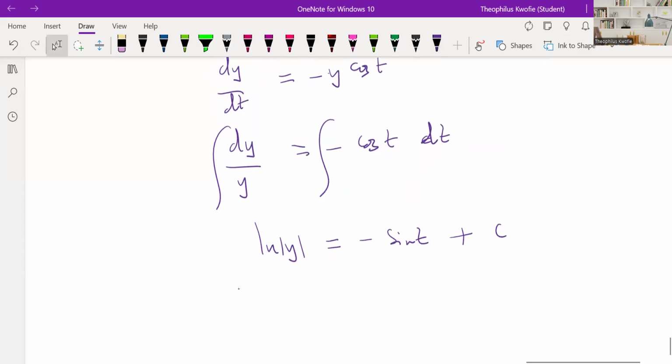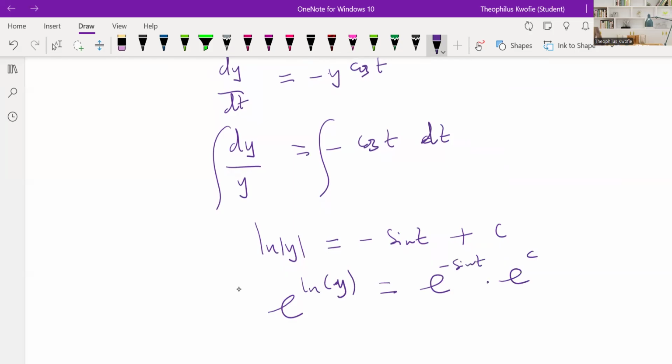Then we add some constant c, okay? Now, remember that to find y, we don't need the natural log of y. We need y. So what do we do? We can exponentiate both sides, okay? By exponentiating both sides, we are going to have e to the power minus sine t times e to the power c, okay?